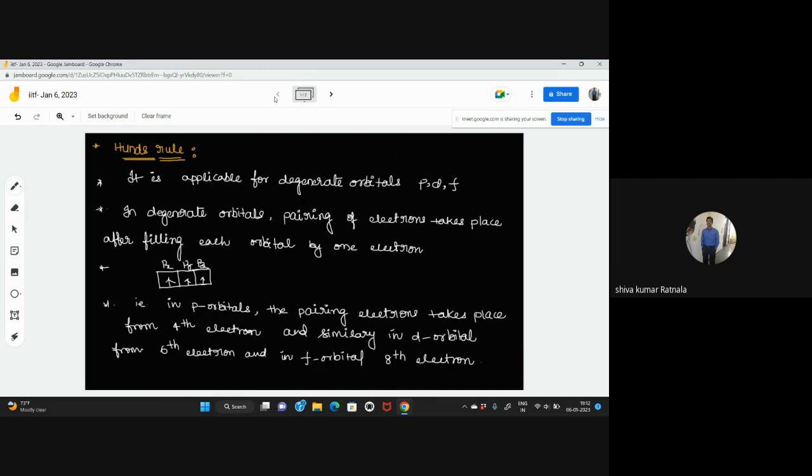Okay, students. Now see, in P4, what we can say here. For example, if I'm writing like this, can we write like this?